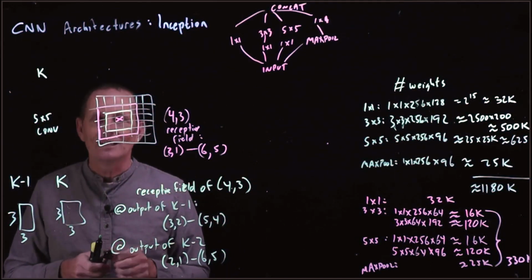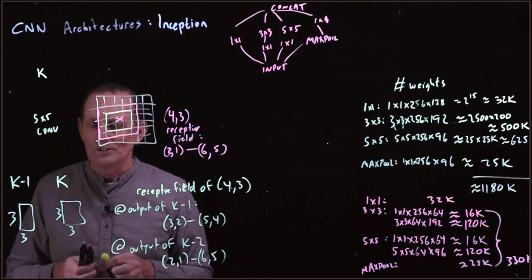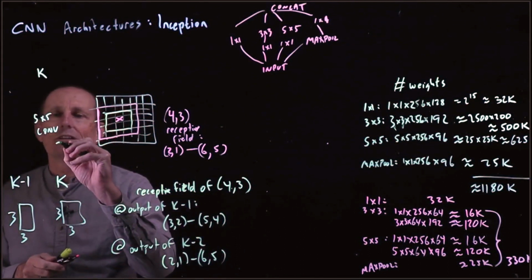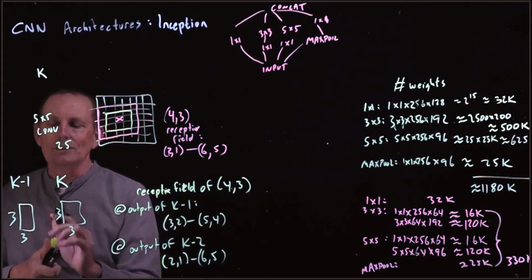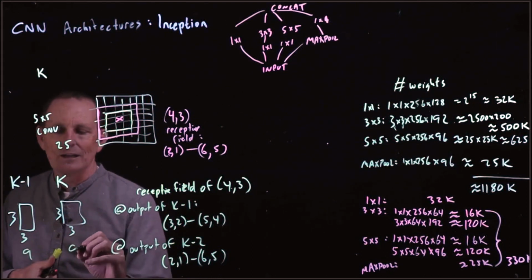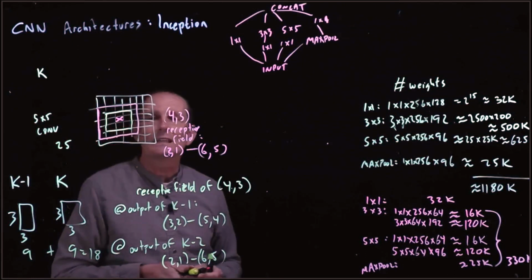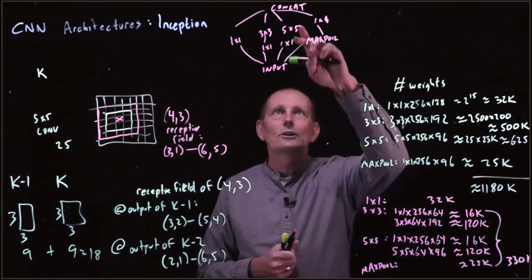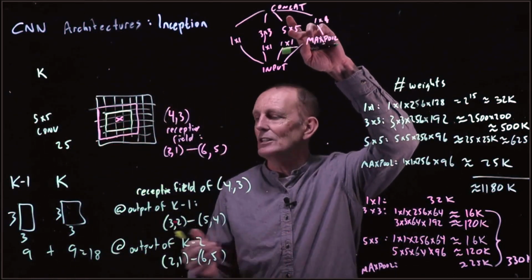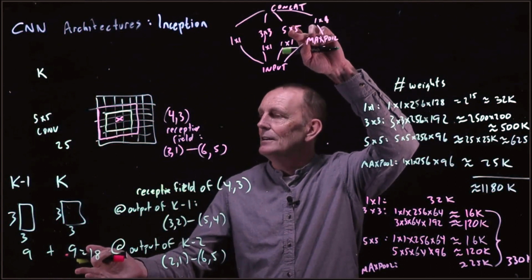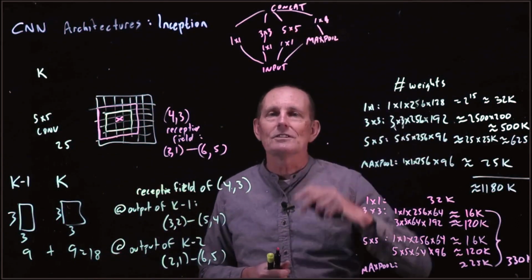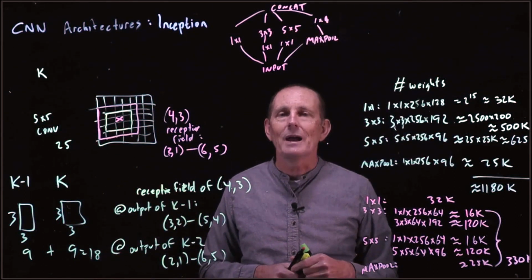The advantage is the weight matrix size. So the weight matrix size in the 5 by 5 is, of course, 25, where in two 3 by 3s, it's 9 plus 9 equals 18. So by replacing a 5 by 5 with two 3 by 3s right here, we can actually save ourselves and only use 18/25ths of the total amount. So that's what?